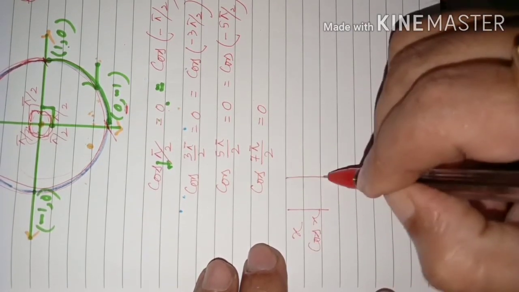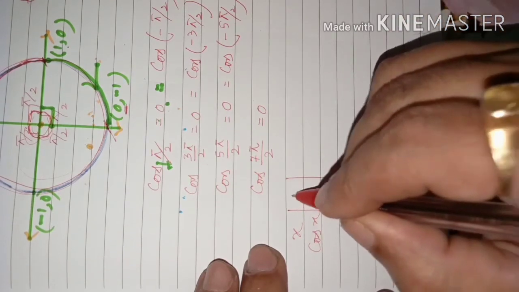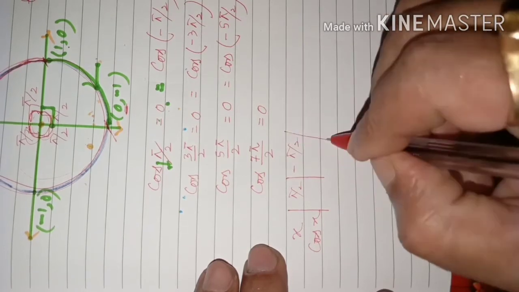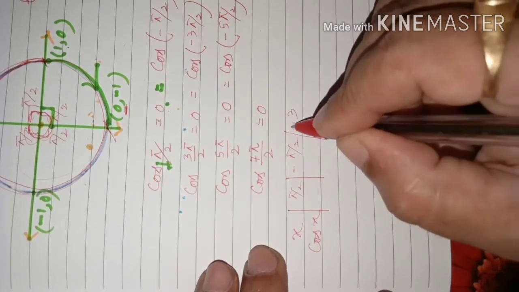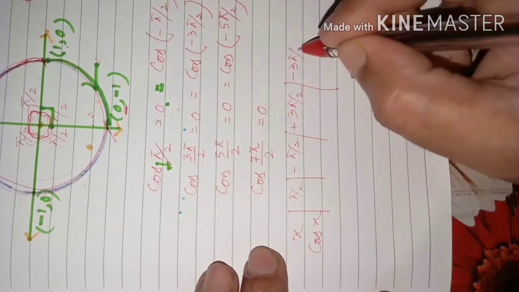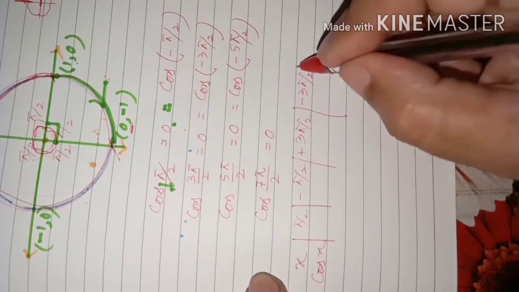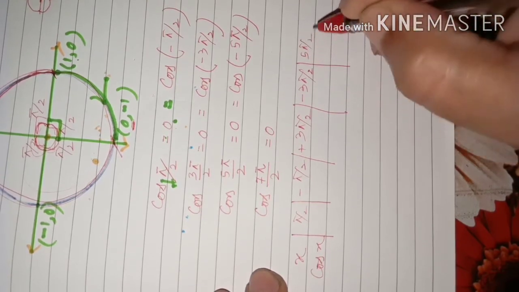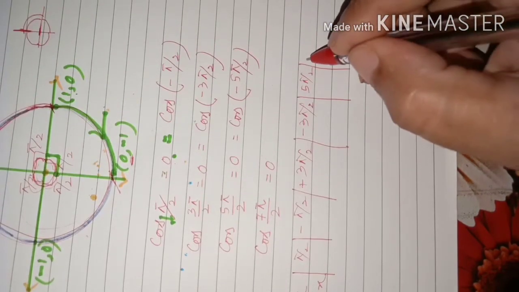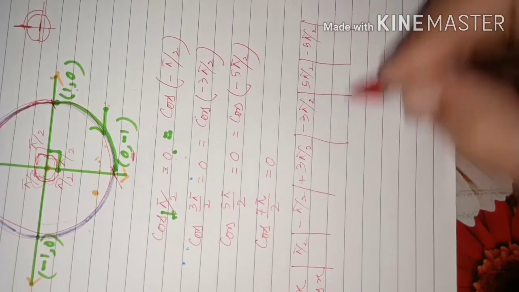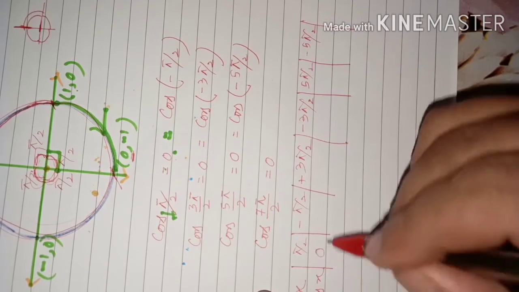For pi by 2 angle, for minus pi by 2 angle, for 3 pi by 2, for minus 3 pi by 2, for 5 pi by 2, for minus 5 pi by 2, for all these, cos is all the time 0.